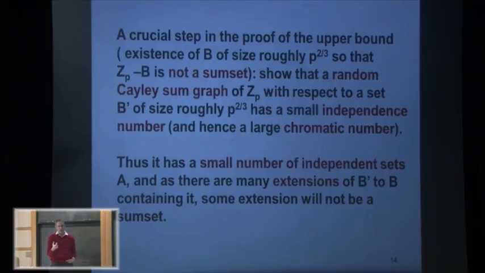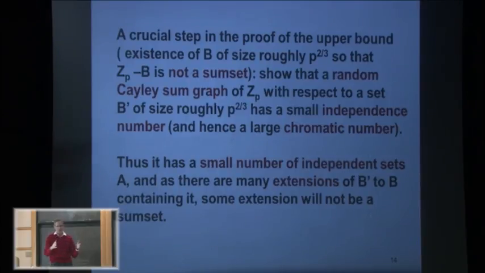And if we don't have too many candidates A, then because there are many, many ways, just by counting, of completing this set B prime to a set B, we don't have enough A's, so for one of these ways to complete it, we will get that this is not a sumset.